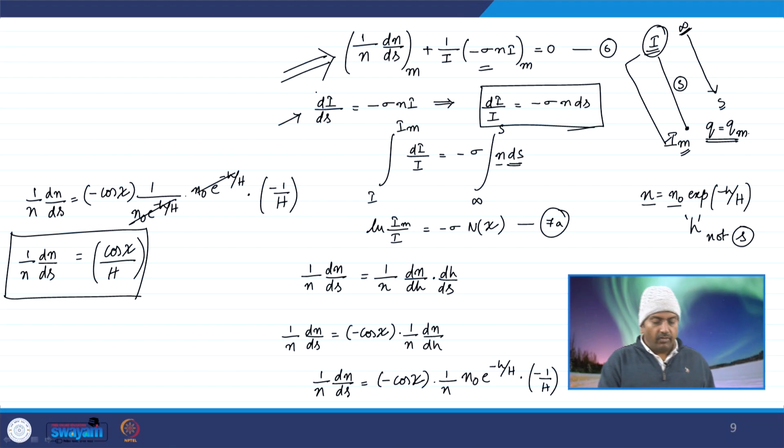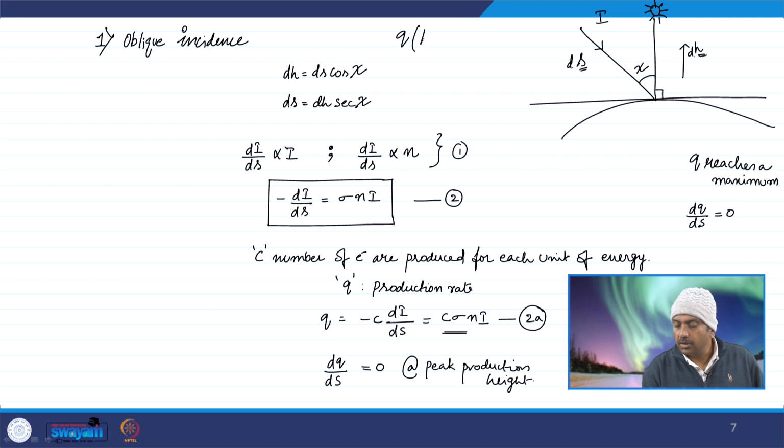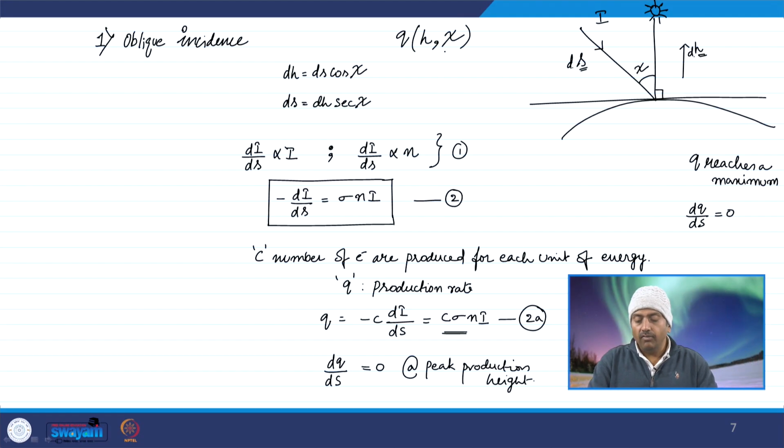Now let us just have a quick recap of what we have done in the name of mathematics for Chapman's theory. Our objective was simple. Our objective was just to derive an expression for the rate of production with respect to the altitude and the solar zenith angle chi. How do you define the solar zenith angle? You define the angle with respect to the normal, that is with respect to the sun at the mid afternoon position. Okay.